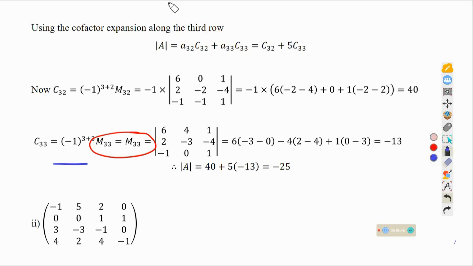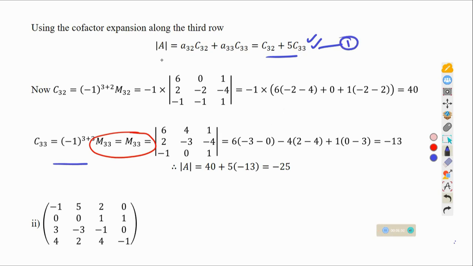We are looking at the third row, and basically we are at this given point where we have C of 3 2 and plus 5 of 3 3. So this is our expression, which we can call equation number 1.